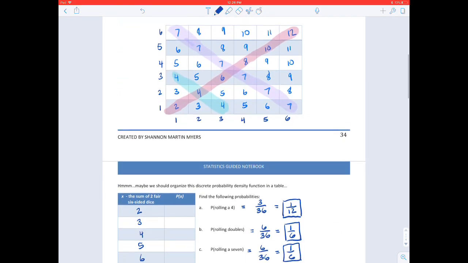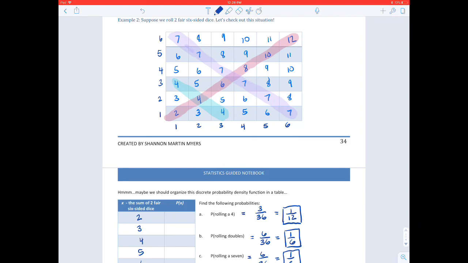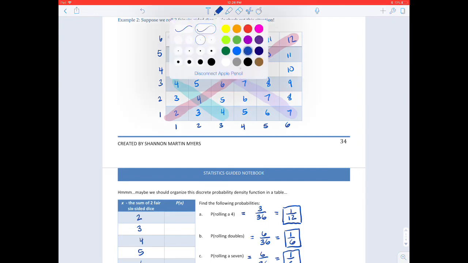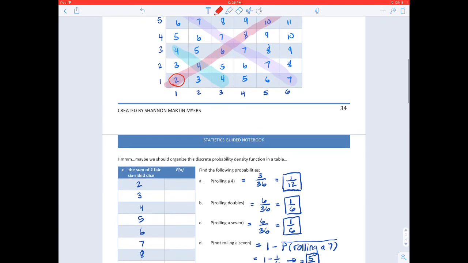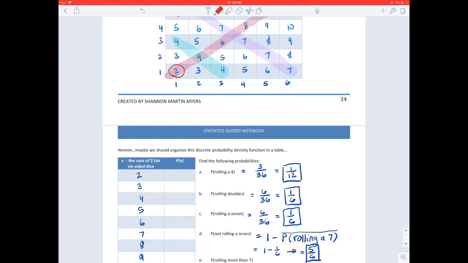So, what's the probability of rolling a 2? That's getting snake eyes, right? 2 ones. And there is only one way to roll a 2. This is the only 2 in our sample space. Good so far? So there is a 1 in 36 chance of rolling a 2.